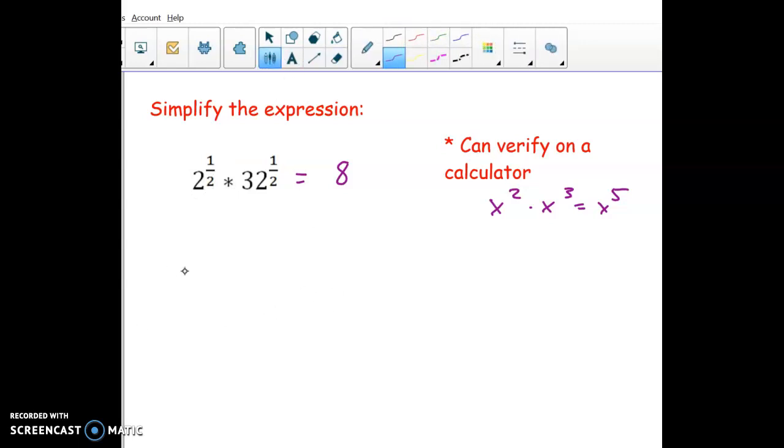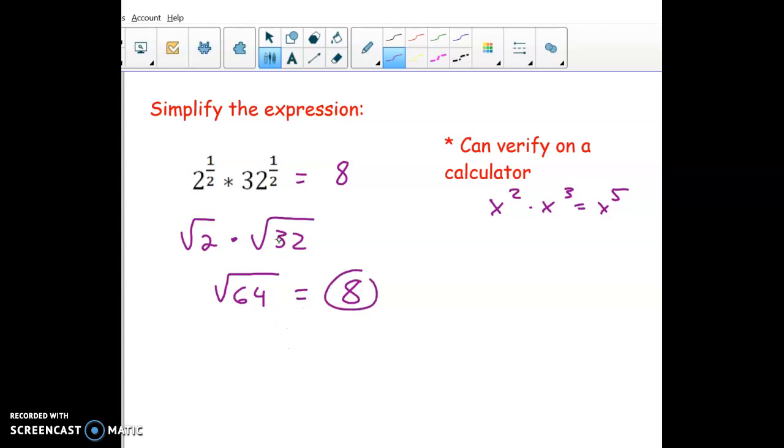One trick that helps on these questions is when you get stuck, switch forms. 1/2 power is the same thing as square roots. So I'm going to write this as square root of 2 and square root of 32. Now that they're both roots, that's what we did early in the chapter. You can smash them together and get root 64, and that is why we get an answer of 8.